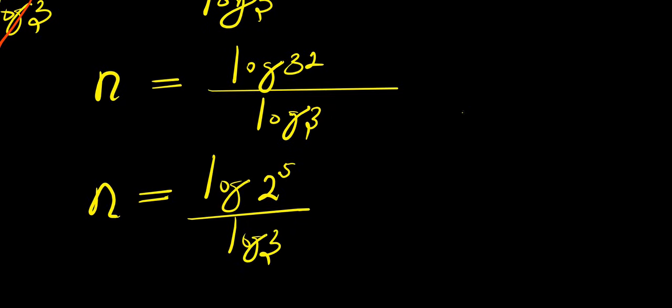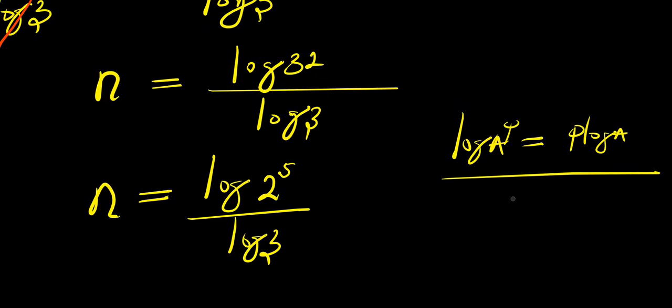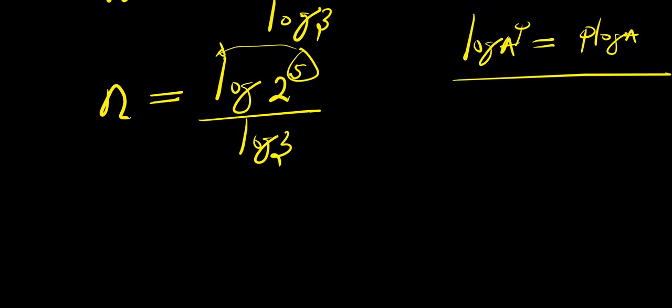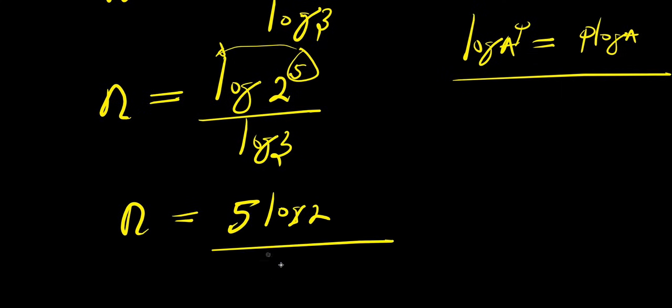And if you have log a power b, this equals b times log a. So this 5 here will come in front of this. We simply have n equals 5 times log 2 divided by log 3.